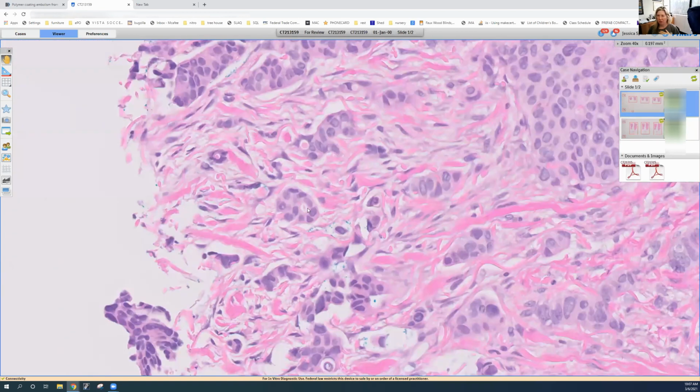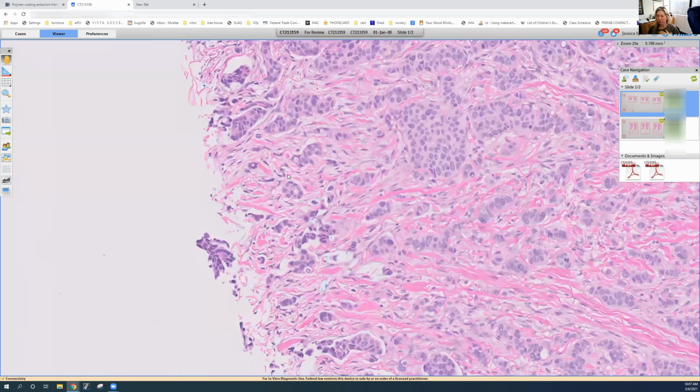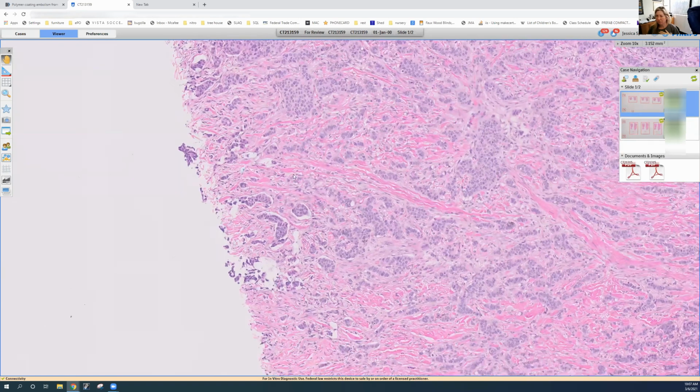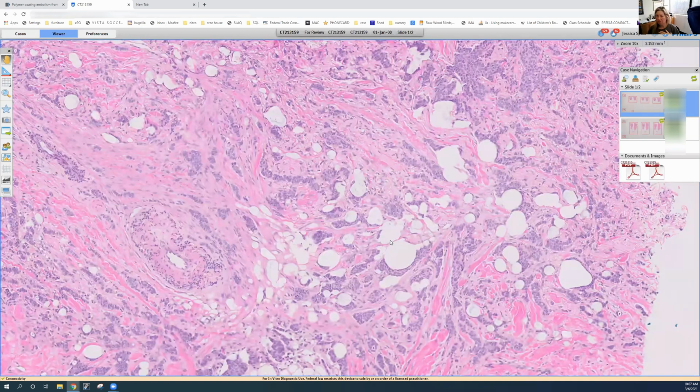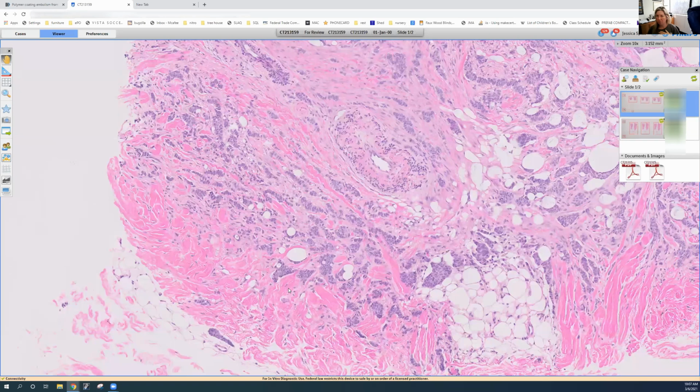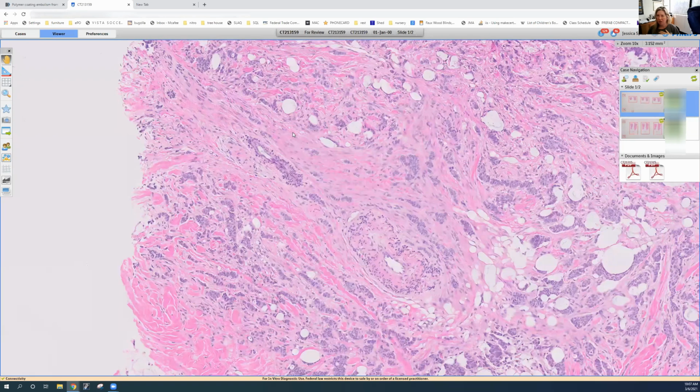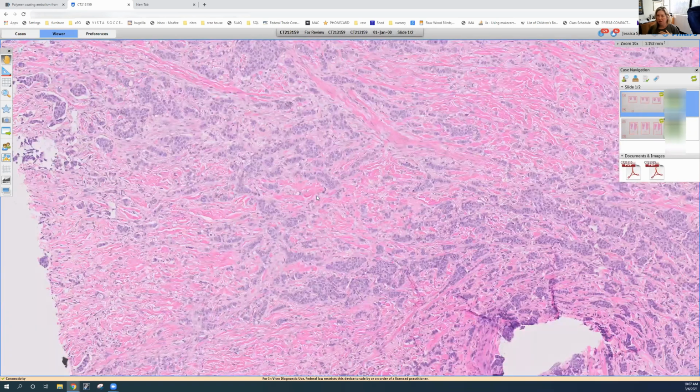Some of them are making little duct-like structures. I was trying to find the cells within lymphatics because this is a nodule on the chest of a patient with a history of breast cancer. And so this is metastatic breast cancer.